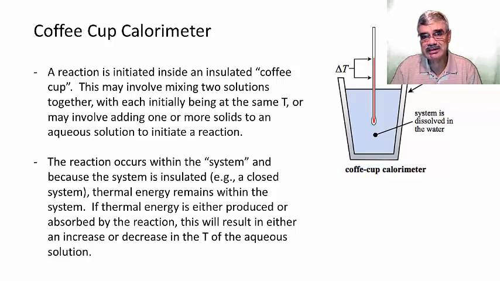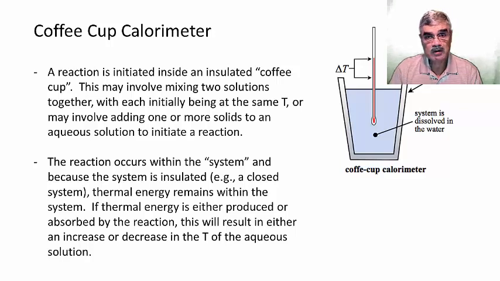Or perhaps we initiate the reaction in some other way by perhaps breaking a vial so that now a reactant that was in that small vial becomes exposed to the rest of the solution. And the reaction in a coffee cup calorimeter usually takes place in an aqueous environment, that is a solution where the solvent is typically water. And so we're thinking about our aqueous-based types of chemistry: acid-base reactions, precipitation reactions, some redox reactions, reactions of this sort.